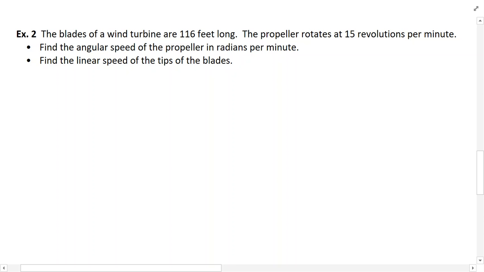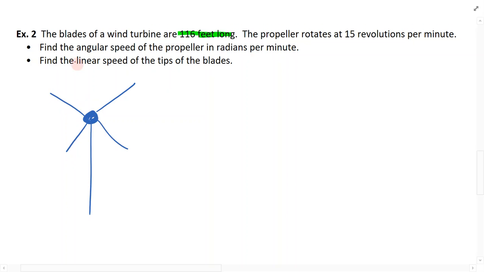Having read through this the first time, we need to look at a couple of things. We know that the blade of the turbine is 116 feet long. So let's draw a picture really fast. If I have this wind turbine, and I have the center here, and we have these blades, I think there are typically only 3 blades, but I'm going to put 4 in here.